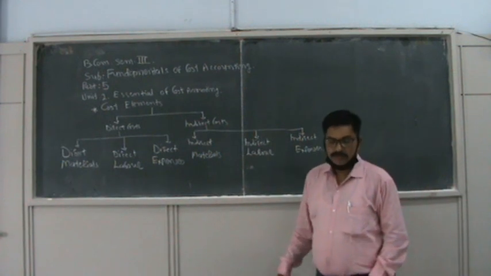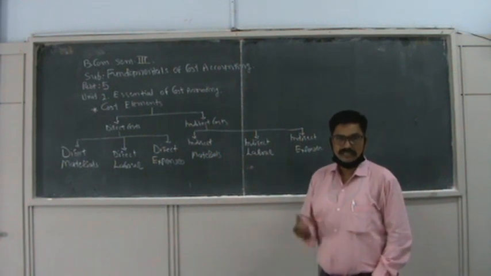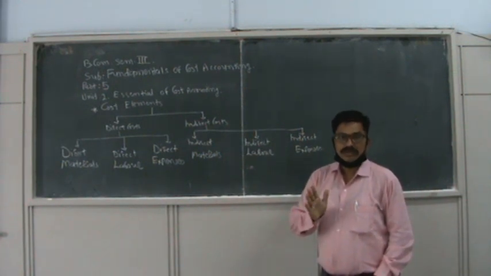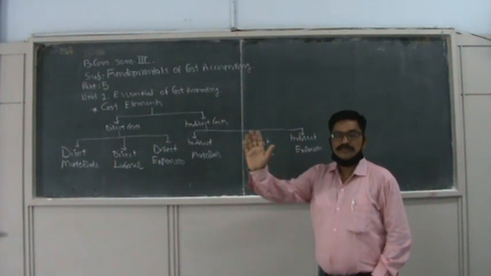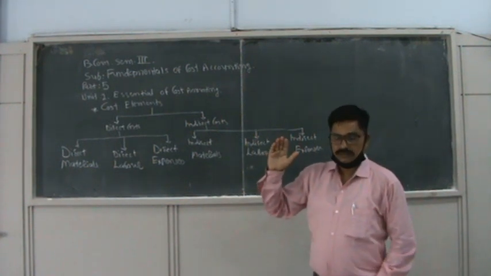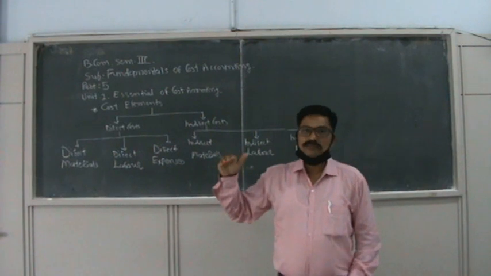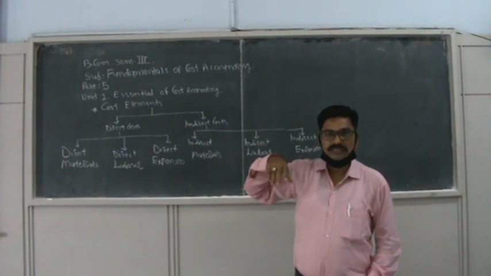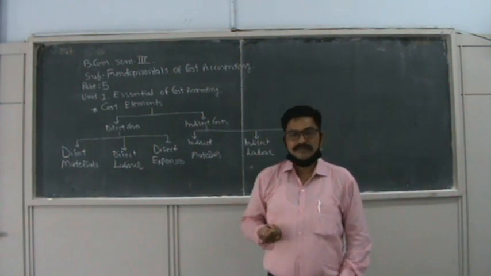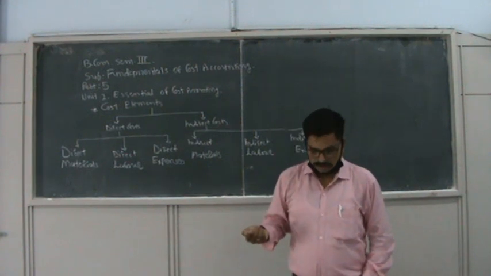Here we can give you the supervisor. A supervisor is not directly connected with the production procedure, but he does supervision of all the units and indirectly helps the production procedure, right?